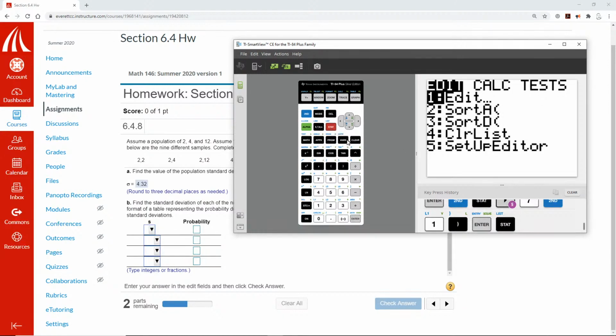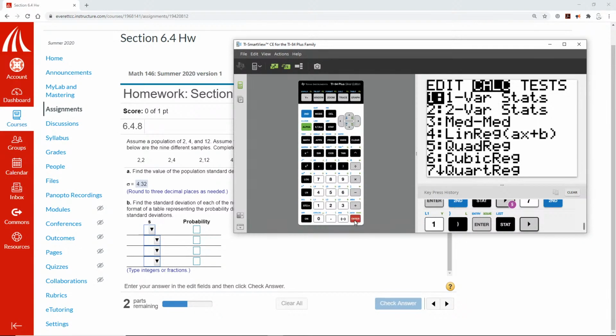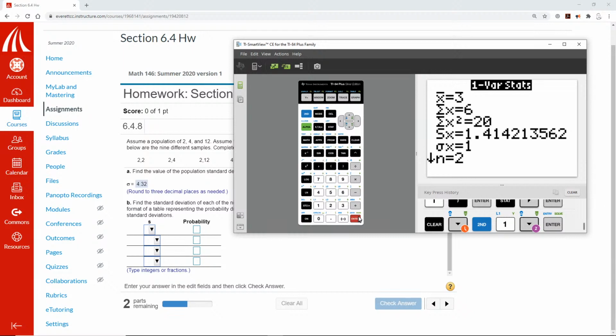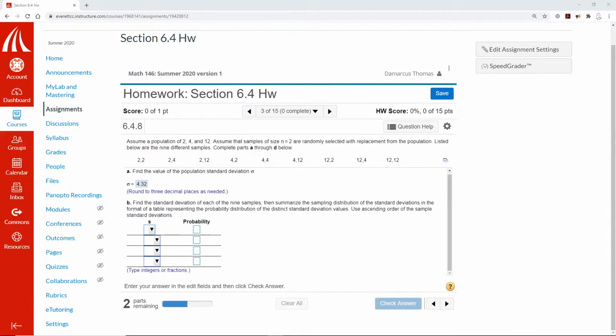You can go into stat and then go to calc, one var stats, L1, and I get it. Sx is the sample standard deviation. So 1.41. I got 1.41 when I did 2 and 4, and also 4 and 2. Also, look, 2, 2, 4, 4, 12, 12. That deviation will be 0.